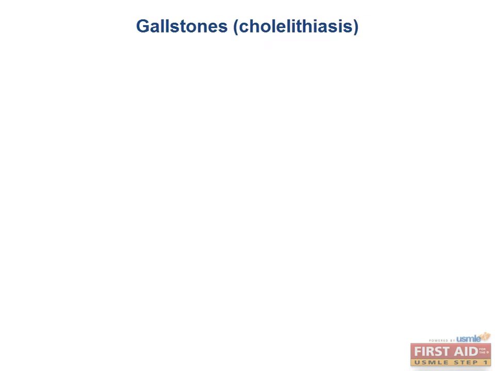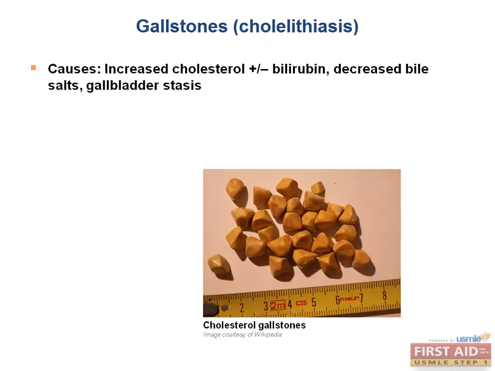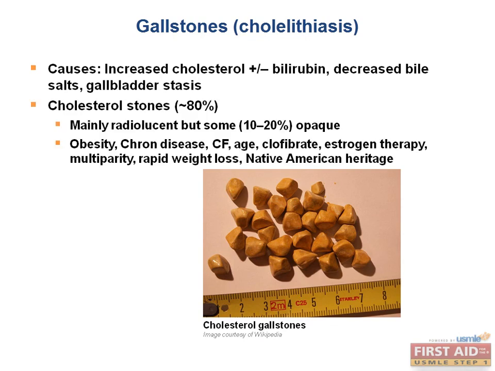Okay, now let's talk about gallstones. There are different causes and different types of stones. Increased cholesterol, increased bilirubin, decreased bile salts, and simply gallbladder stasis can all cause gallbladder stones. The two types are cholesterol and pigment. Cholesterol stones are much more common, about 80% of all stones.